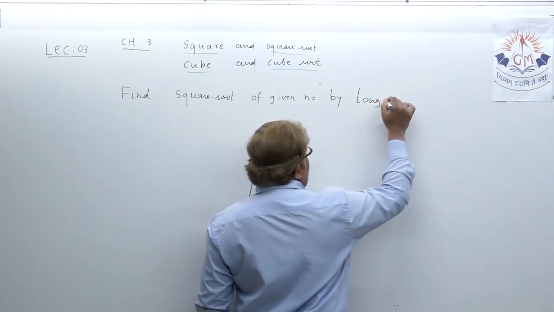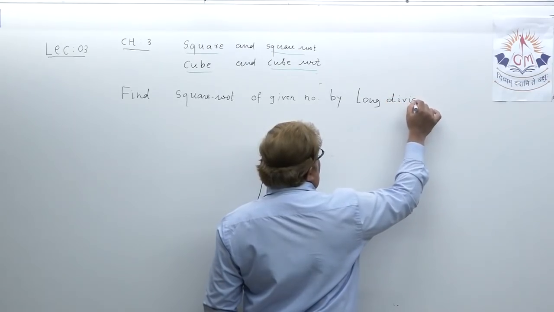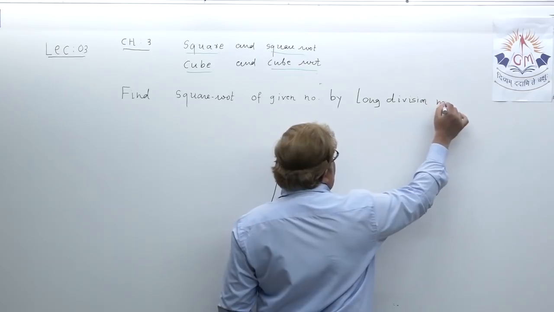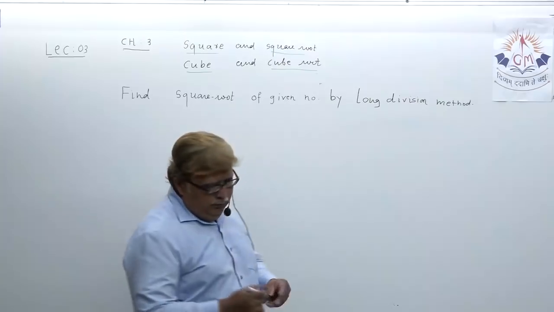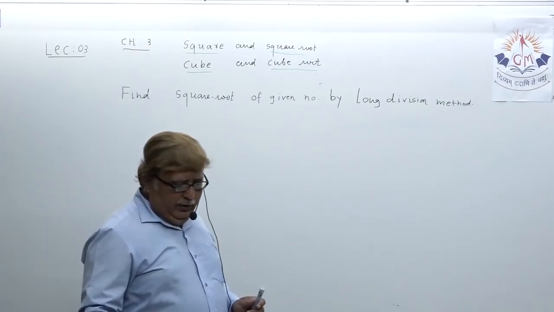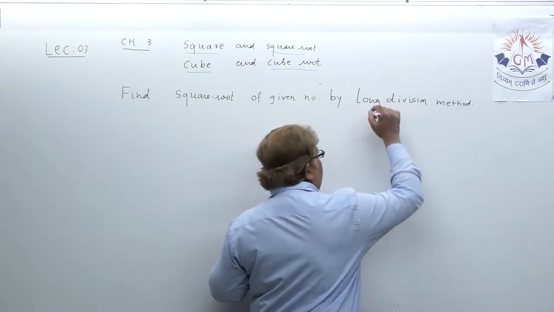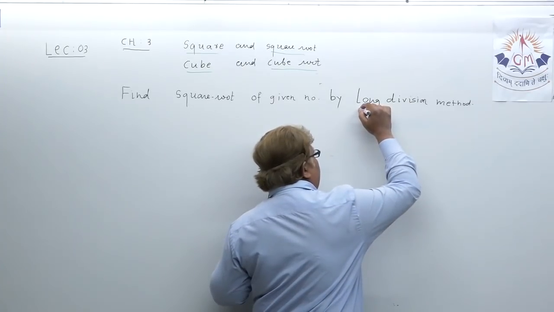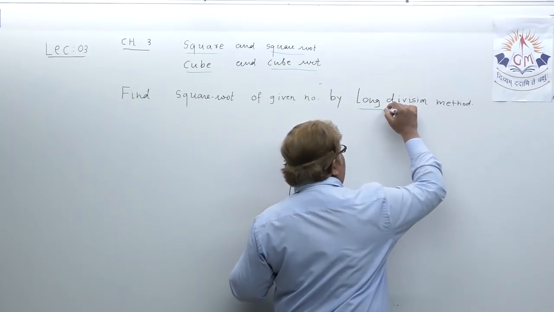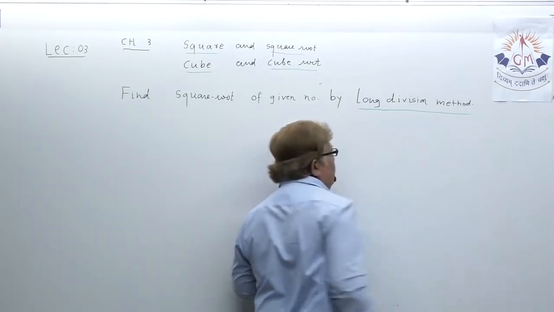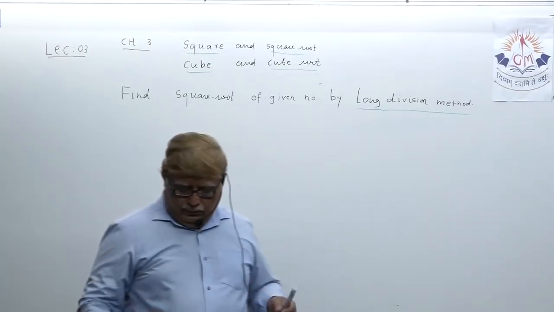The word you should catch, very important, long division method. This you have to understand. We are finding square root of number by this particular method that is known as long division method.